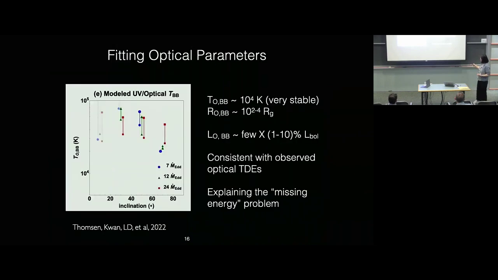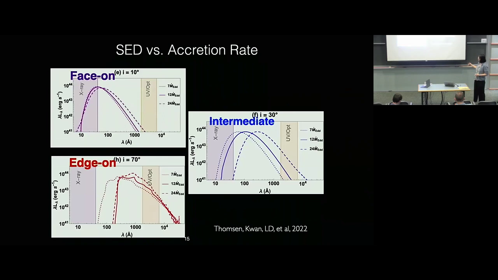So we think this at least partly explains the so-called missing energy problem in TDEs, as people mentioned. And this EUV emission, the peak here is really in EUV. I think maybe the best way to probe it is through these infrared echoes, as mentioned by Megan yesterday.